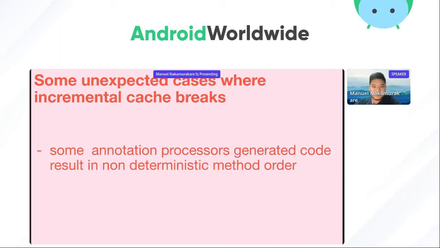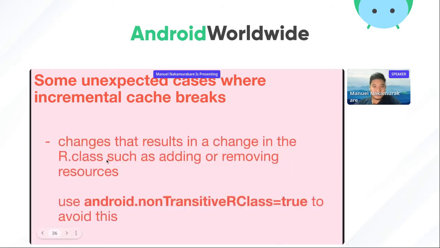There were also some other unexpected cases where the incremental cache was breaking. We found that some of the annotation processors that were generating code resulted in a non-deterministic order, which was also causing the incremental cache to not work very well.